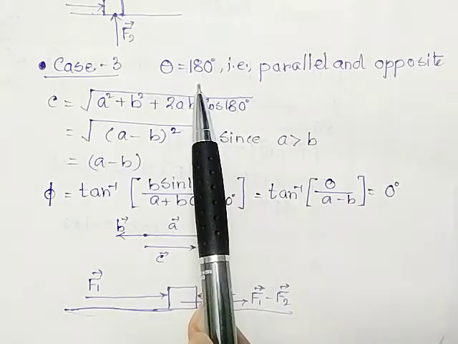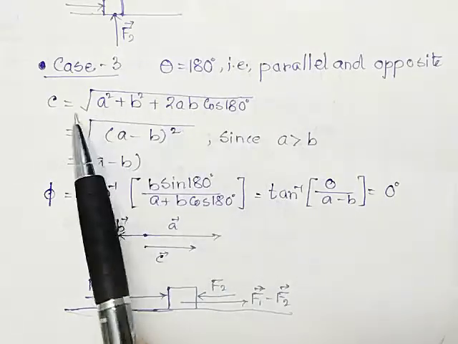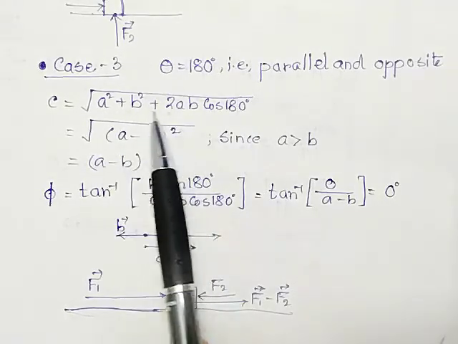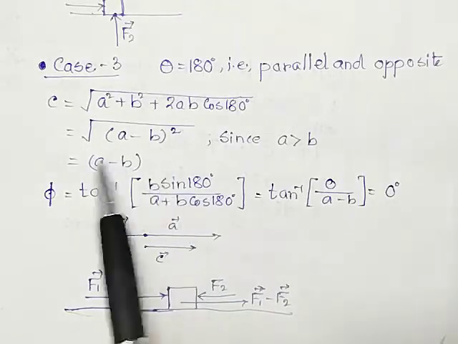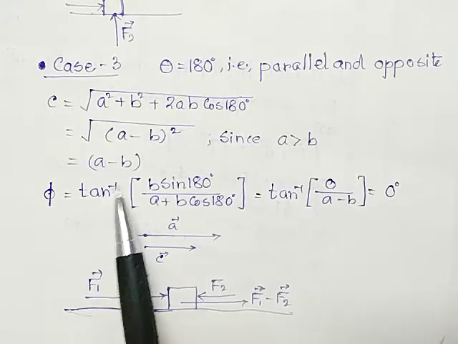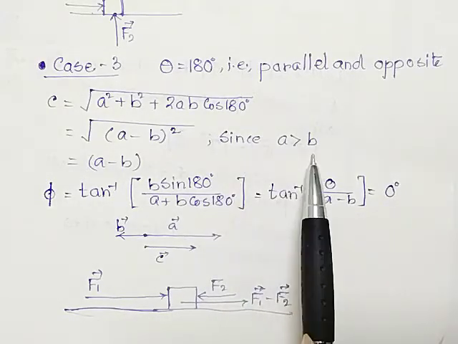Theta is 180 degrees here. The value of cos 180 degree is minus 1. So it will be root over of a square plus b square minus 2ab, which is a minus b whole square. Root over of a minus b whole square gives you a minus b. But here one thing is considered: the magnitude of a is greater than b.